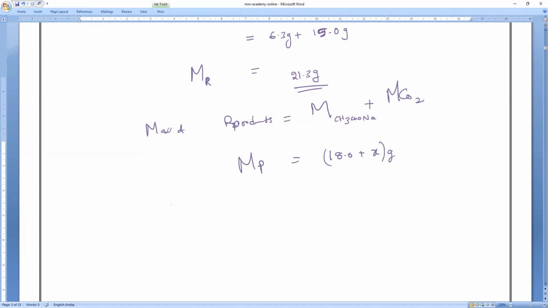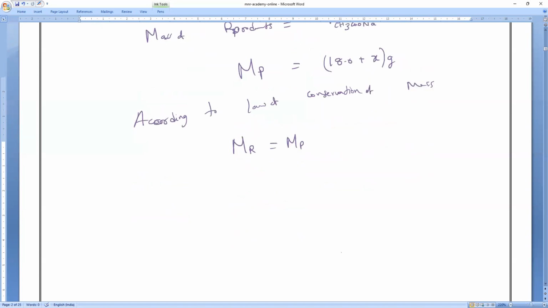So according to the law of conservation of mass, what do we know, people? Law of conservation of mass: mass of reactants is equal to mass of products. So mass of reactants, how much? 21.3 grams.